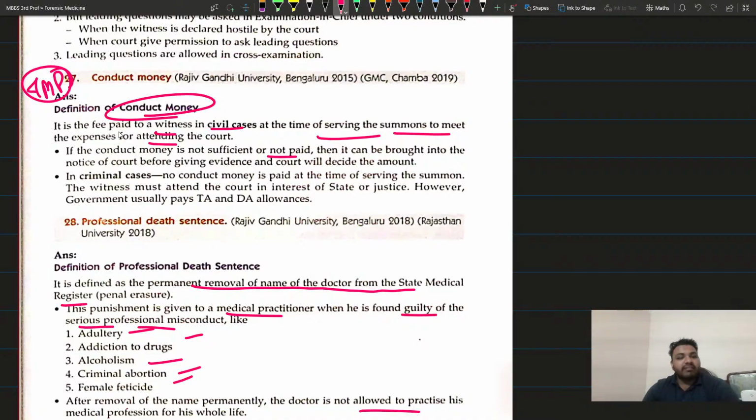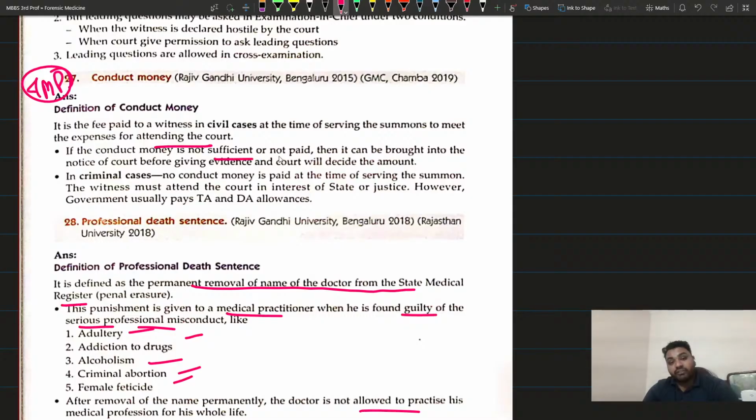Conduct money. It's important. The definition of conduct money is a fee paid to a witness in civil cases at the time of serving the summons, to meet the expense of attending the court. Basically, this is a fee that is paid to the witness in civil cases only at the time of serving the summons.